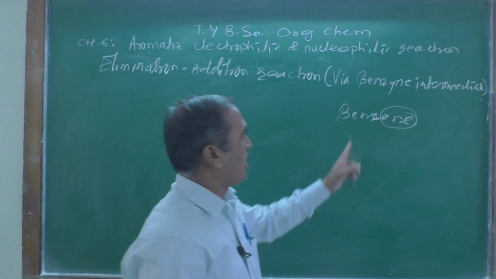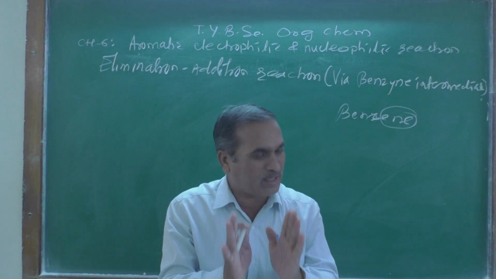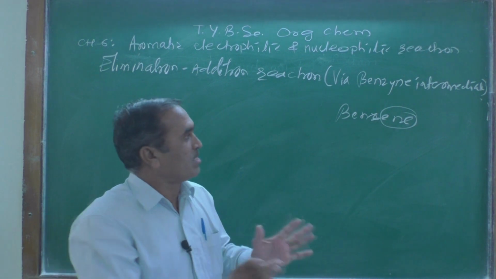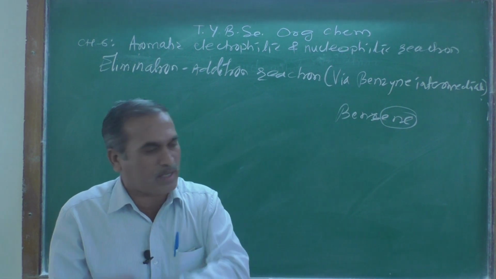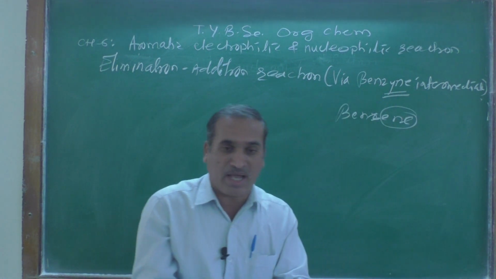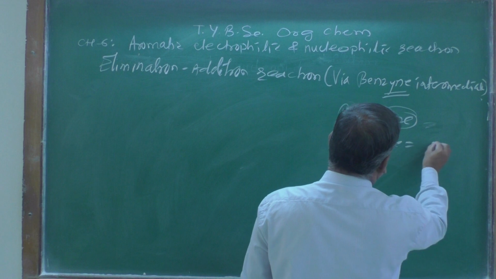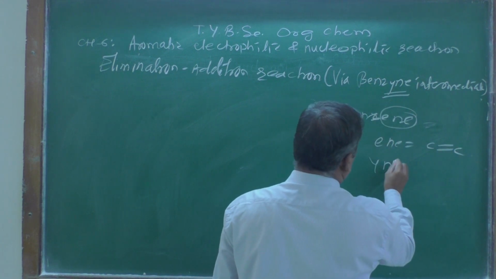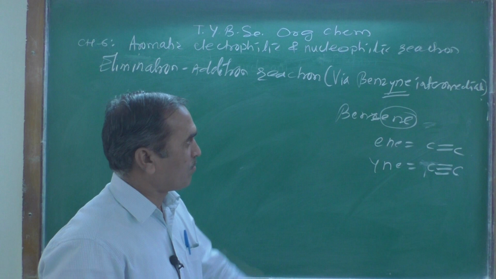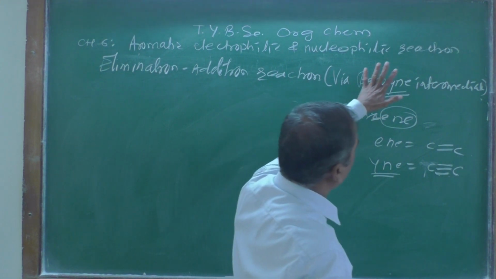Look at the suffix, what do you observe? E-N-E indicates a carbon-carbon double bond, just like an alkene. Now Y-N-E indicates that there is a carbon-carbon triple bond in that organic compound.